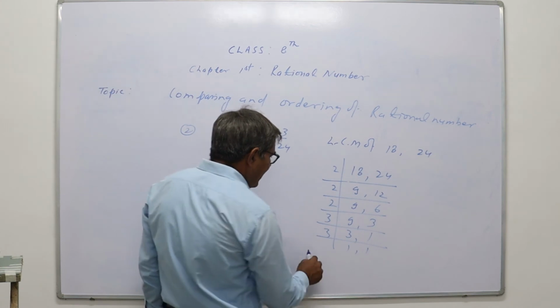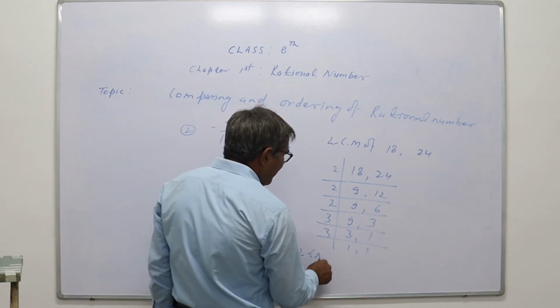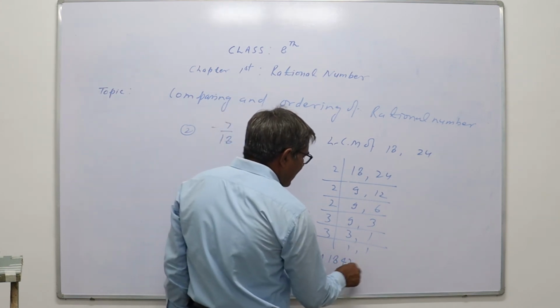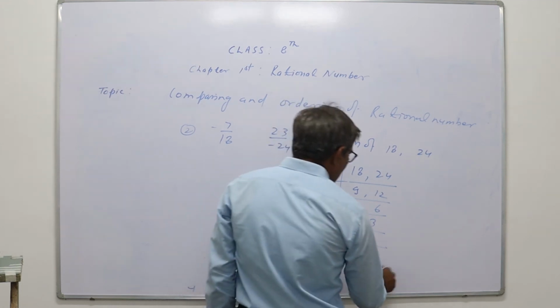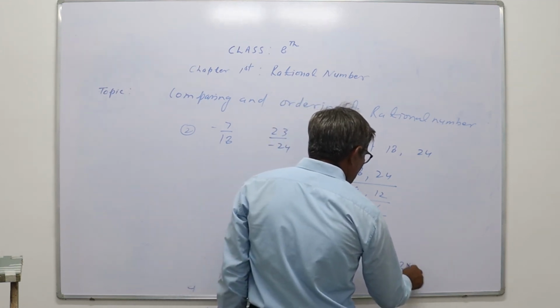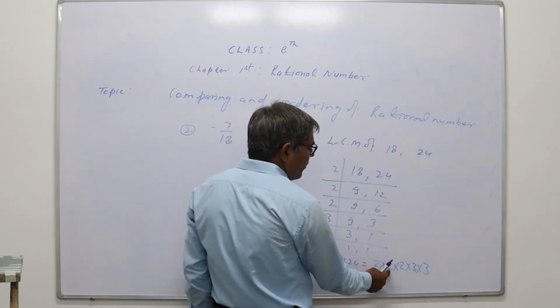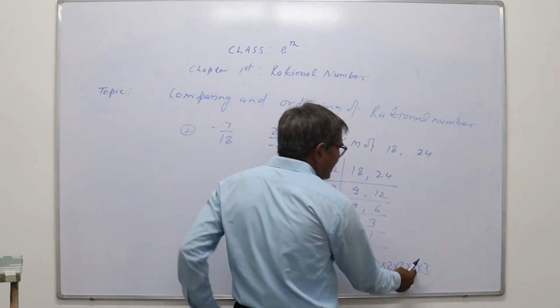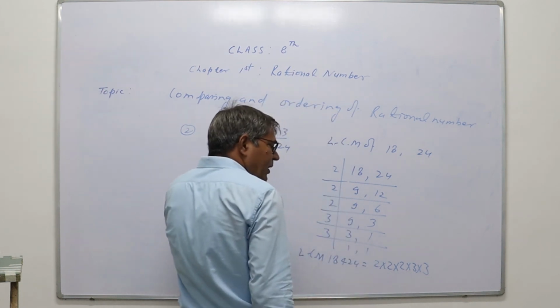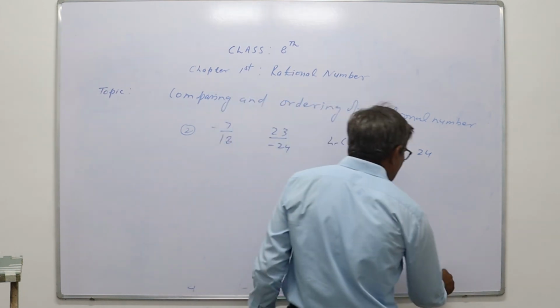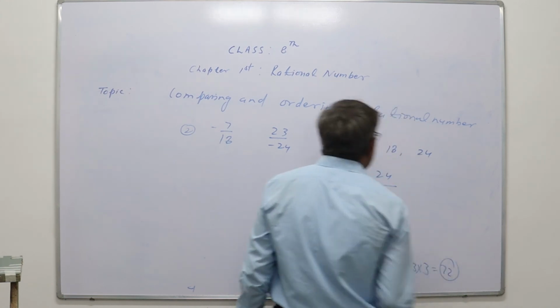So the LCM of 18 and 24 is equal to 2 into 2 into 2 into 3 into 3. Now multiply: 2 twos are 4, 4 twos are 8, 8 threes are 24 and 24 threes are 72. So the LCM will be 72.